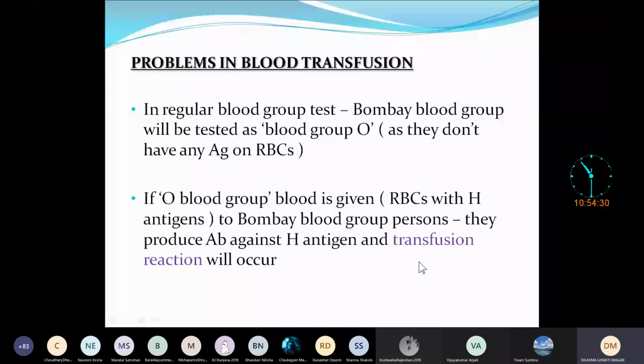In our body also, whenever we have infections, our body mechanism makes antibodies. The Bombay blood group person doesn't have the H antigen. That's why, whenever this H antigen is transfused into those persons, antibody against this H antigen will be produced, and then a hemolytic transfusion reaction will occur. Understood here?